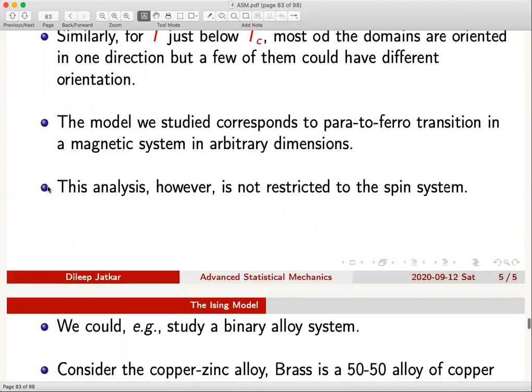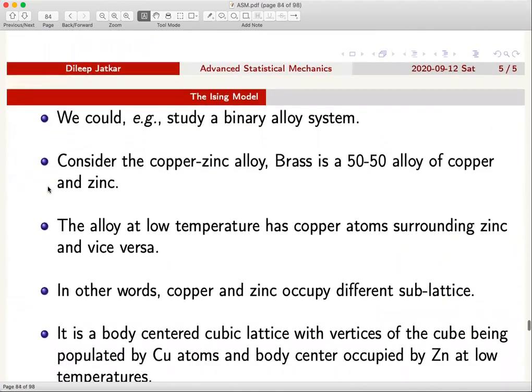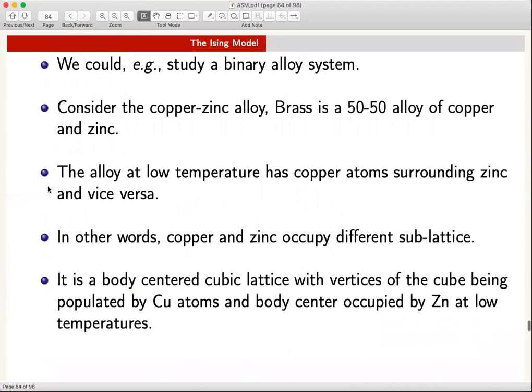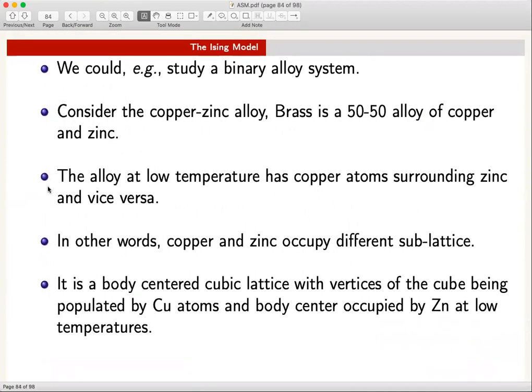For example, if you are looking at a binary alloy system, consider something like a copper zinc alloy. Brass is one of the copper zinc alloys, with 50-50% of copper and zinc in it. This alloy at low temperature has copper atoms surrounded by zinc atoms.